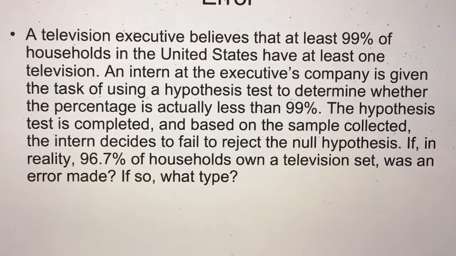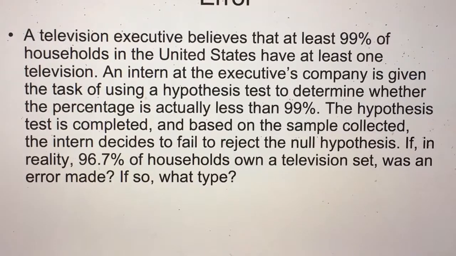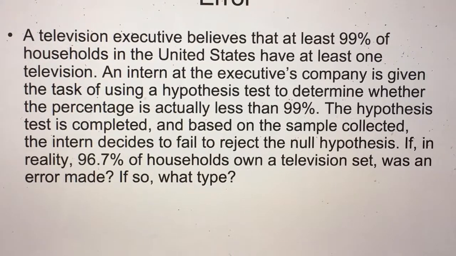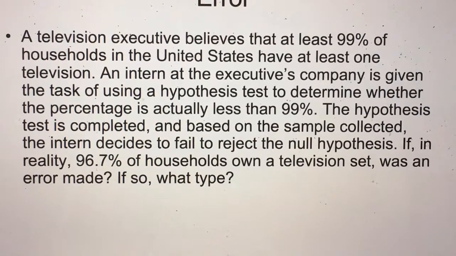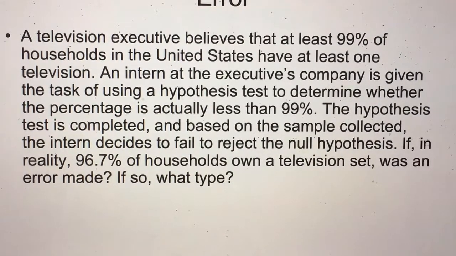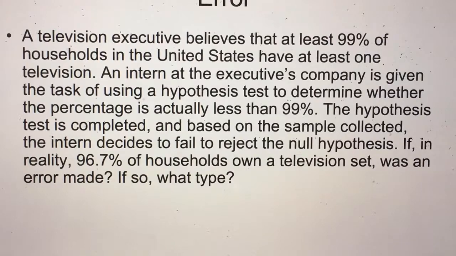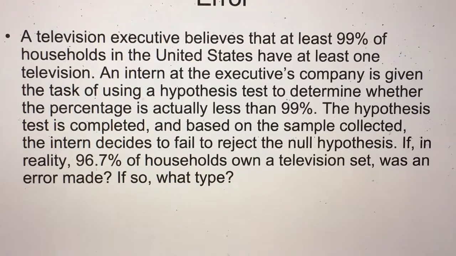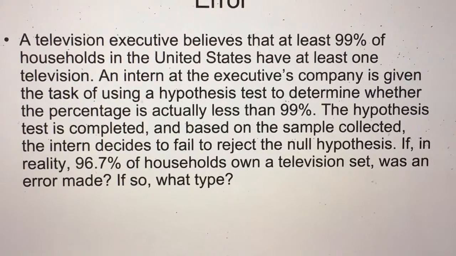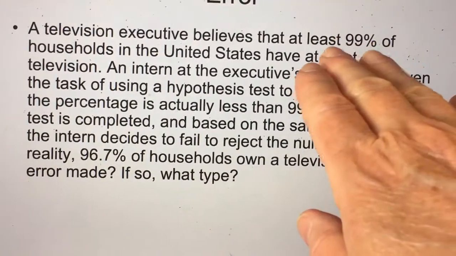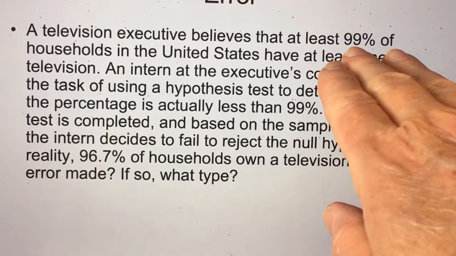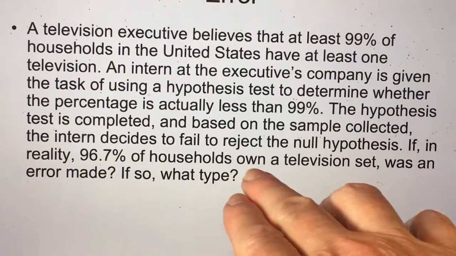The hypothesis test is completed, and based on the sample collected, the intern decides to fail to reject the null hypothesis. If in reality 96.7% of households own a television set, was an error made? If so, what type?